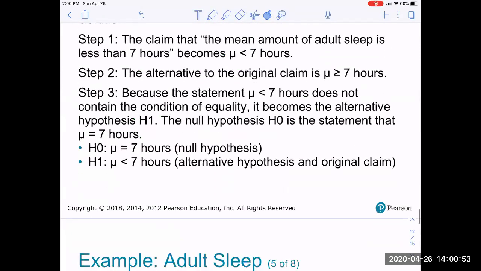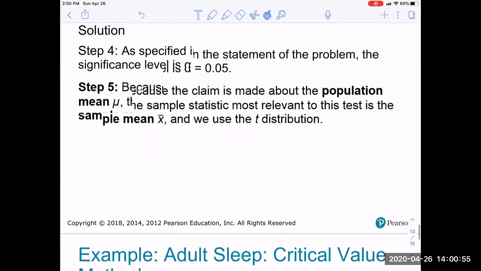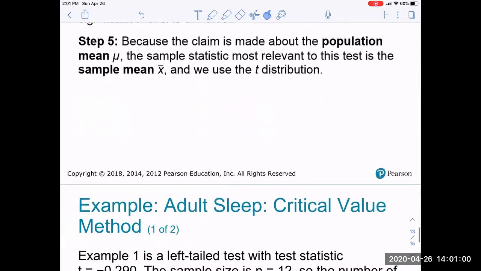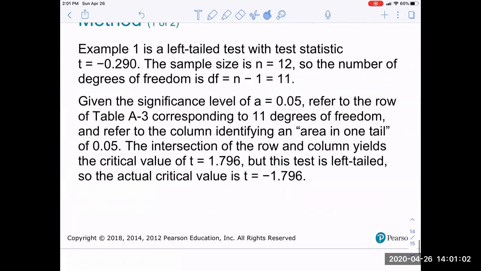Okay, we've already got these. Okay, significance level 0.05. It's going to be a left tail test. I'm going to set this up. Alpha is 0.05.